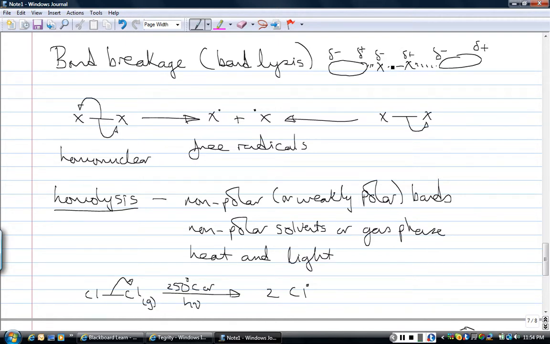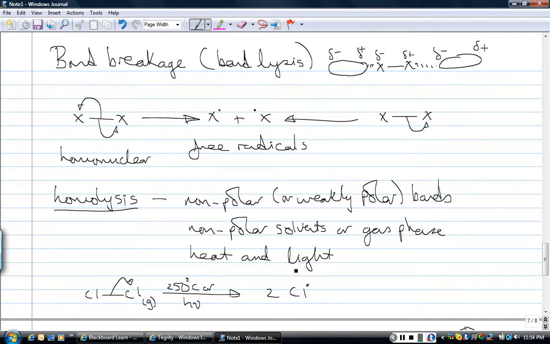And if I wanted the bond to break in a homolytic fashion, I do not want significant dipoles generated along the bond. So it's not to my advantage, if I want to promote homolysis, to put the molecule in a polar solvent. So I want the solvent to be non-polar, or in the gas phase where there's simply no interactions between the molecules.